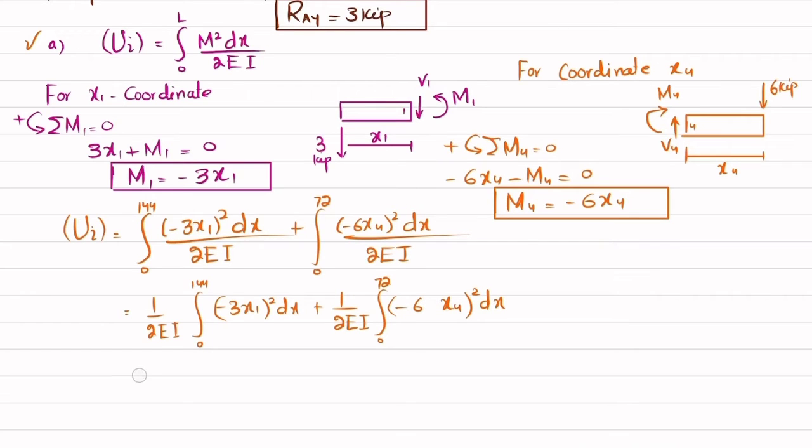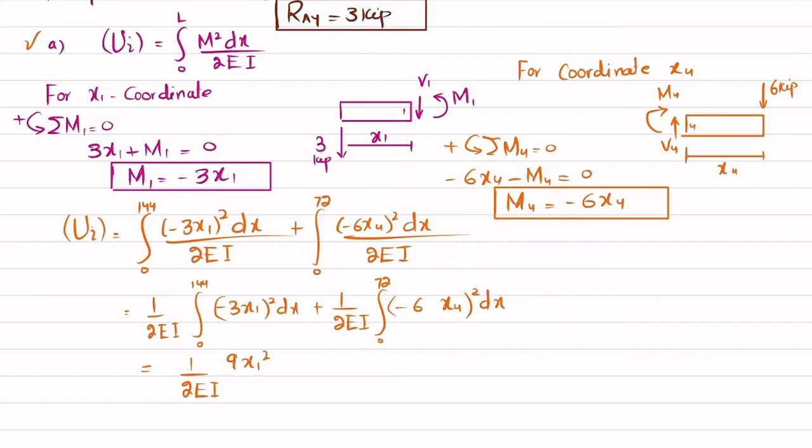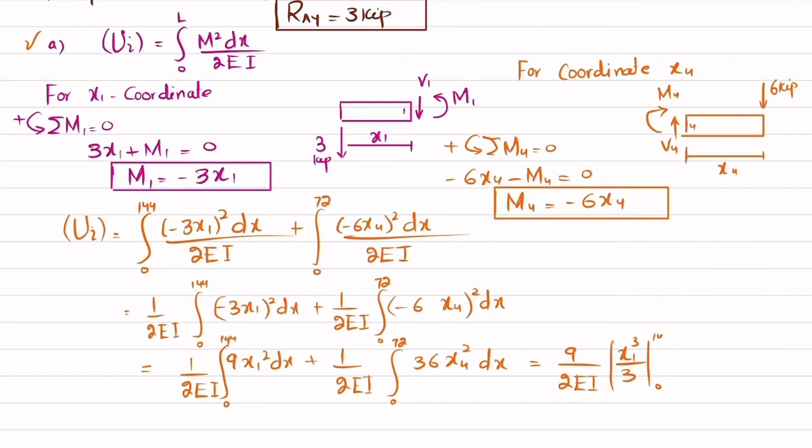Okay, so this will give us 1 over 2EI, and we will get 9x1 squared, integral of 0 to 144 dx, plus 1 over 2EI integral of 0 to 72 of 36x4 squared into dx. And we will get 9 over 2EI, integral of x1 squared will be x1 cubed over 3, and the limit will be from 0 to 144.